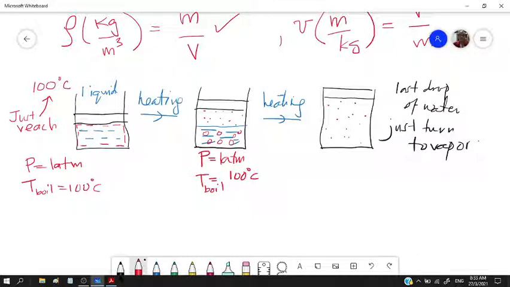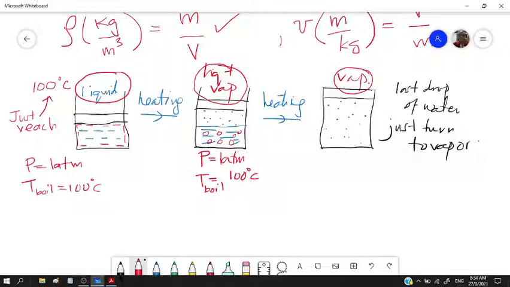So this is liquid, this is the mixture, liquid plus vapor, and this is vapor. These three, 1, 2, 3, are called states.